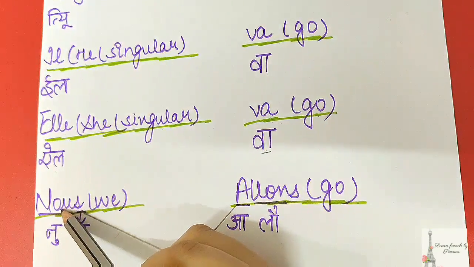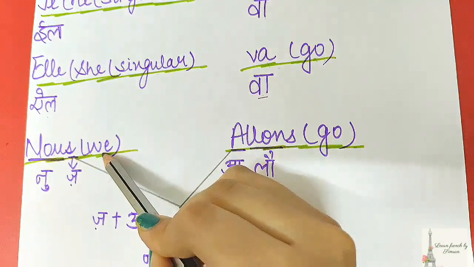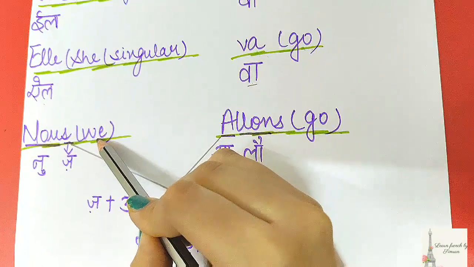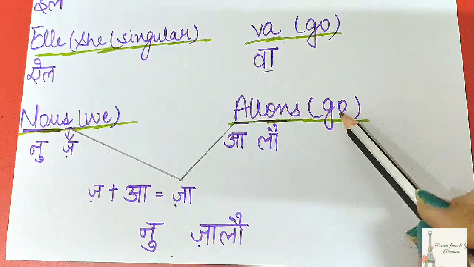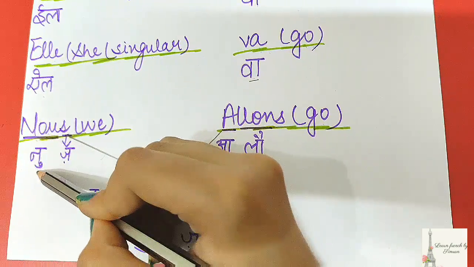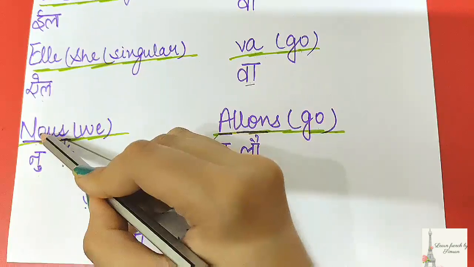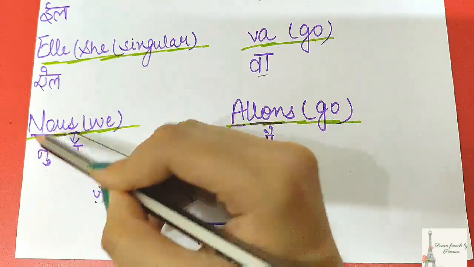Now our next subject is nous, which means we in English, and the conjugation is allons, which means to go. Now as you can see here, I have written below. Now N-O-U will be pronounced as nous, right?